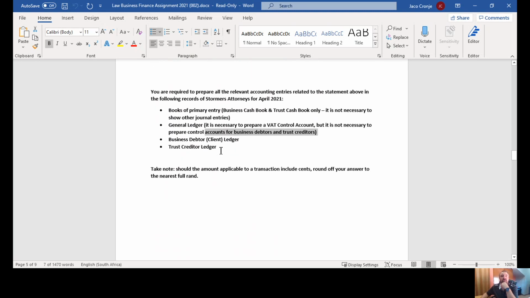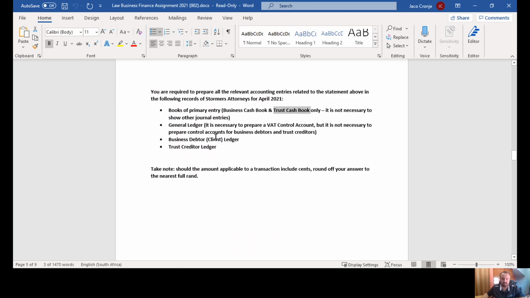Right. So at this point, to avoid confusion and avoid you not doing well in the question just because you're unsure of which accounts are needed, I'm going to tell you, you need the following T accounts to be able to successfully answer this question. You are going to need a business cash book and a trust cash book. That's simple enough.